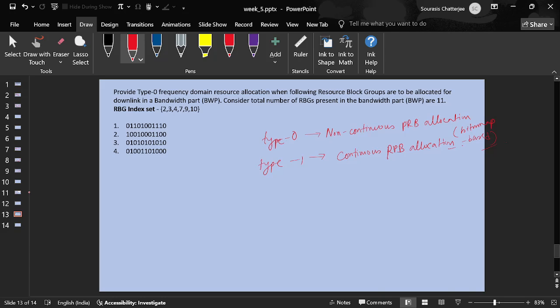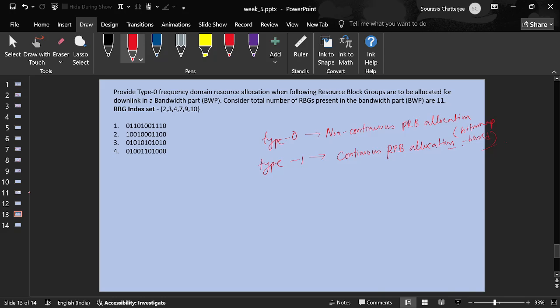Okay, let me make it a bit clearer. Let's say you have 100 megahertz bandwidth, and there are 275 PRBs or 3300 subcarriers. Some subcarriers have a really good channel, and some have a really bad channel, and these good and bad subcarriers are randomly placed.